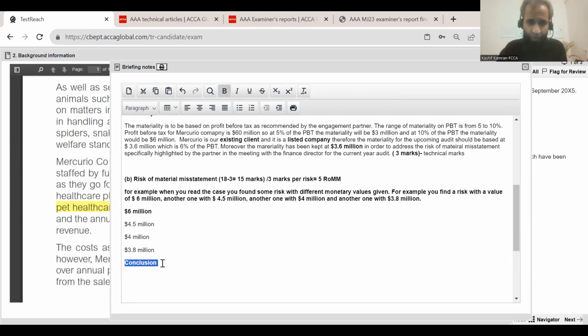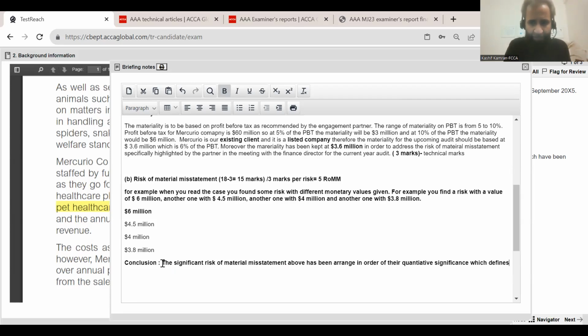And you say, the significant risks of material misstatement above have been arranged in order of quantitative significance, which defines their priorities.